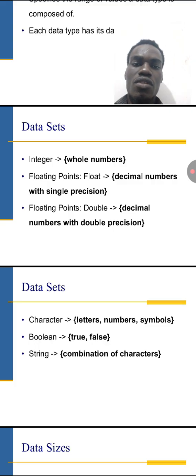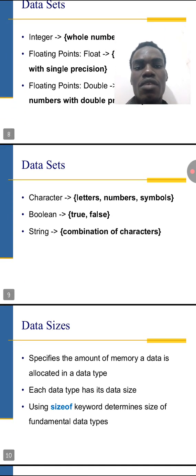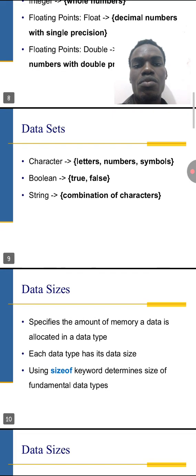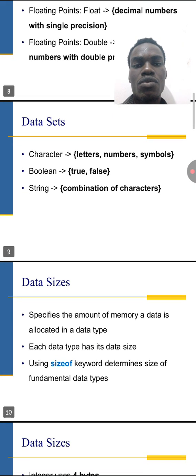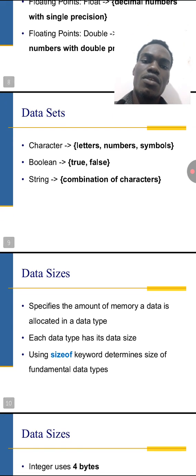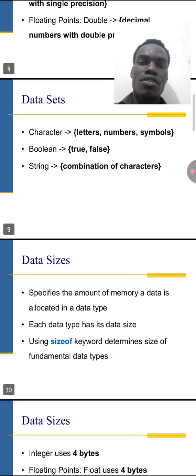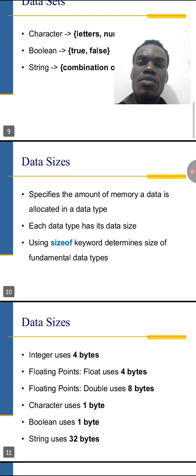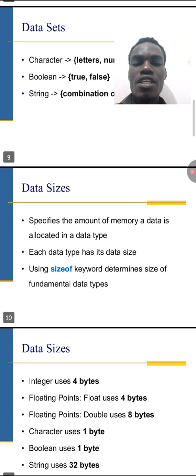The double contains decimal numbers with double precision. We have the character, which contains letters, numbers, and symbols. The boolean is for true and false. Strings are a combination of characters. Now we are done with the data sets.